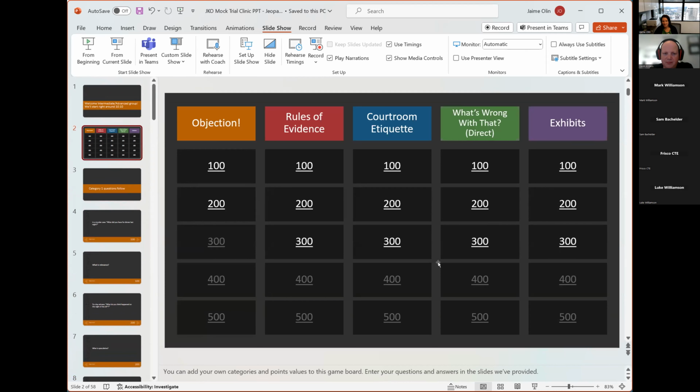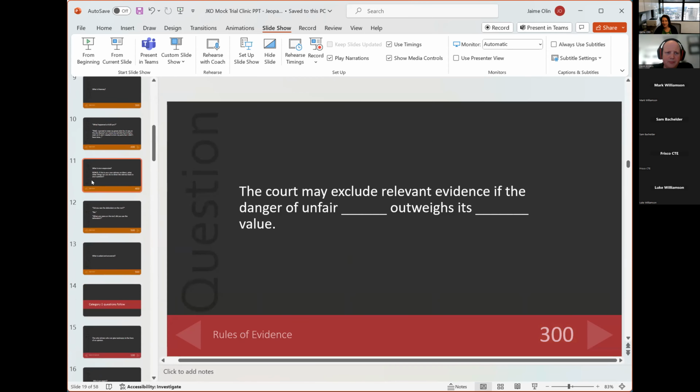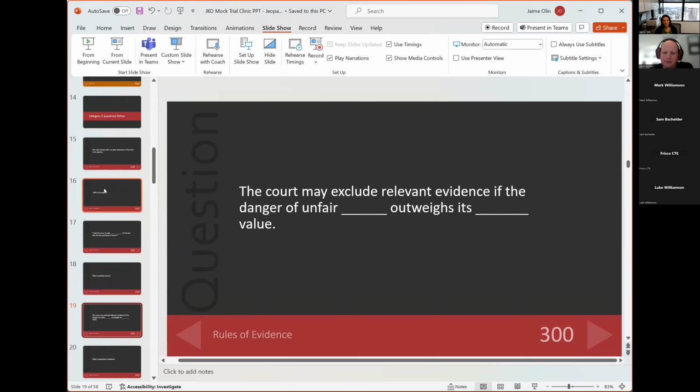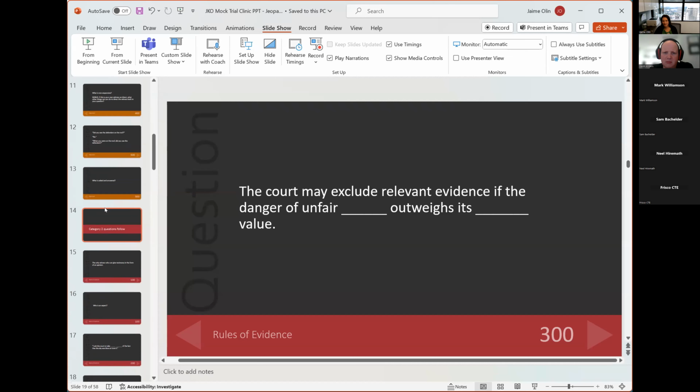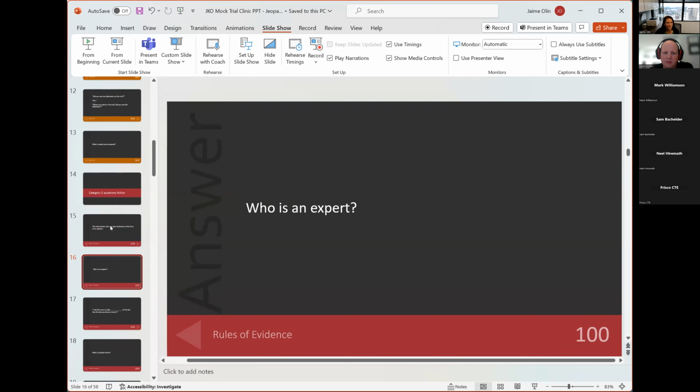Rules of evidence 300. Right, the court may exclude relevant evidence if the danger of unfair blank outweighs its blank value. Neil Hiremath. The court may exclude relevant evidence if the danger of unfair prejudice outweighs its probative value.